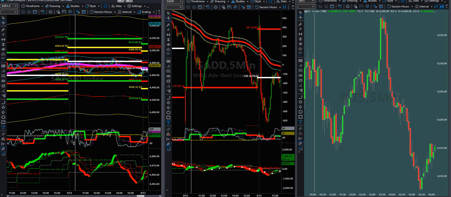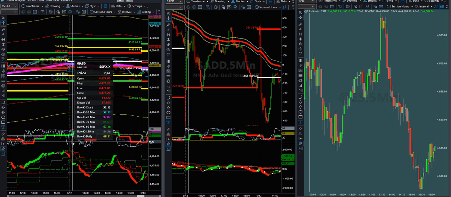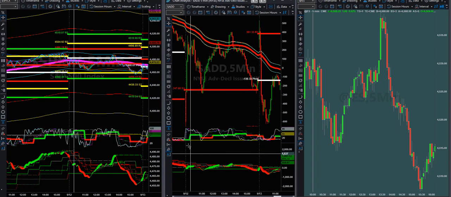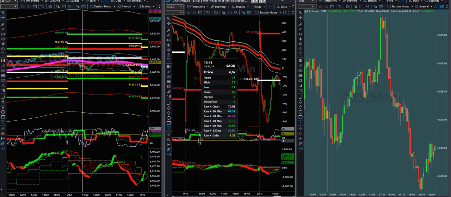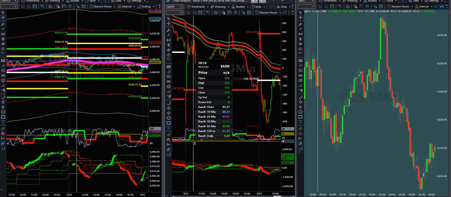So this is already telling me that, because of what is going on, we are better off looking at the possible short side. Looking at here, snap back is coming.